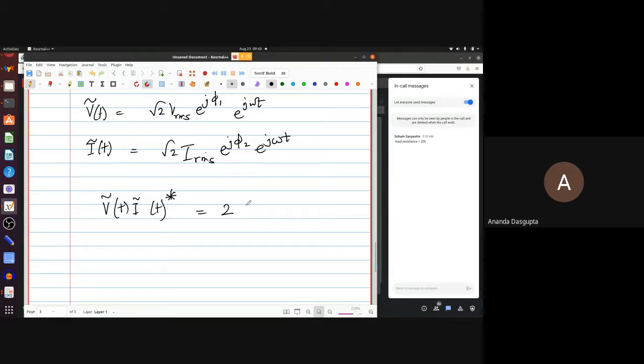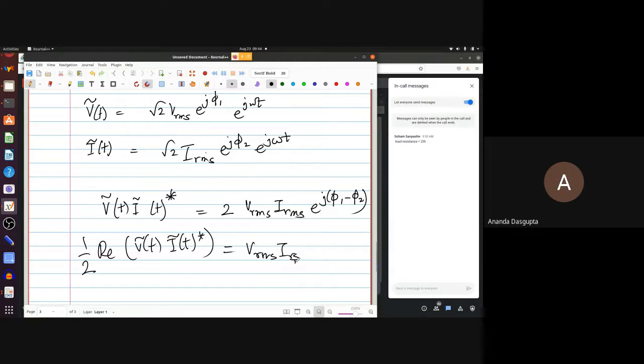That will give you twice, and if you take the real part of this, half of it, you actually get VRMS, IRMS, cosine of phi 1 minus phi 2, which is actually the average power.